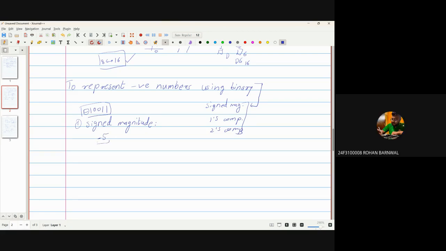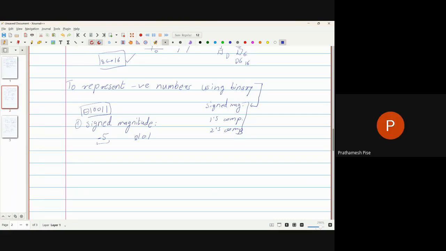Sir, just adding a one in the binary. Usually it is 0101, so we have to change the MSB to one for the negative five.